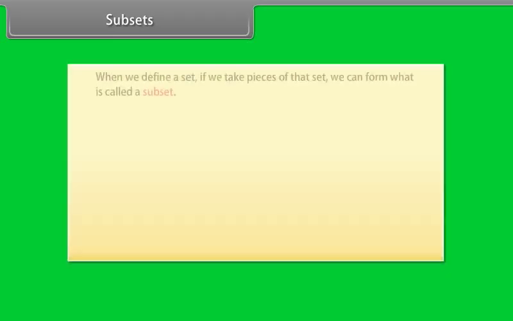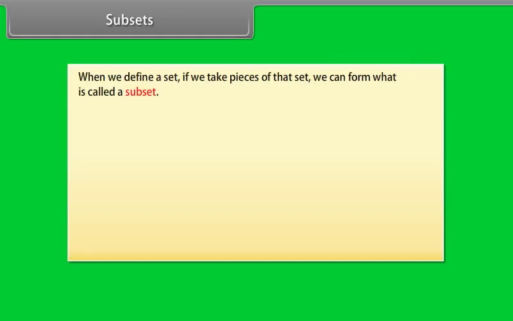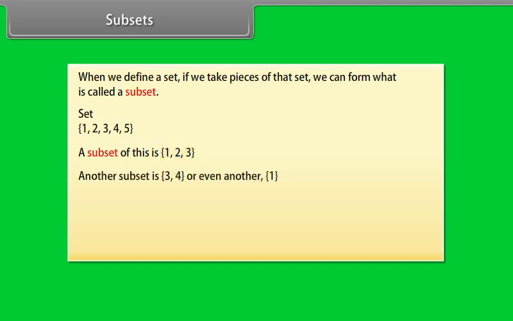Subsets. When we define a set, if we take pieces of that set, we can form what is called a subset. For example, we have the set 1, 2, 3, 4, 5. A subset of this is 1, 2, 3. Another subset is 3, 4.